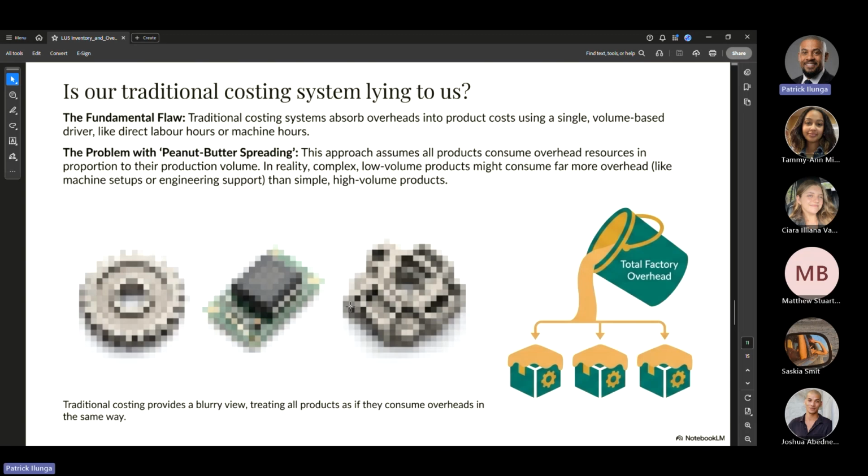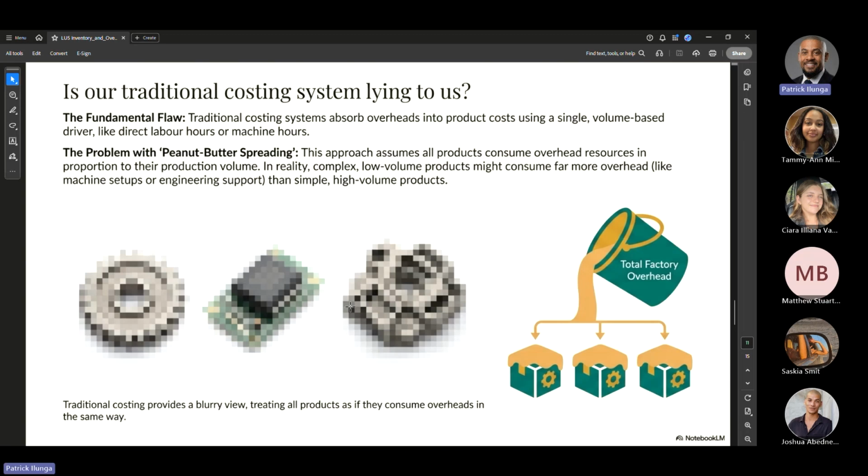So why is that? It's because we use something called the production volume, all right? And that's a major flaw because it is volume based. The volume-based driver could be, for example, labor hours. Imagine all the cost out there. We are using labor hours or machine hours.